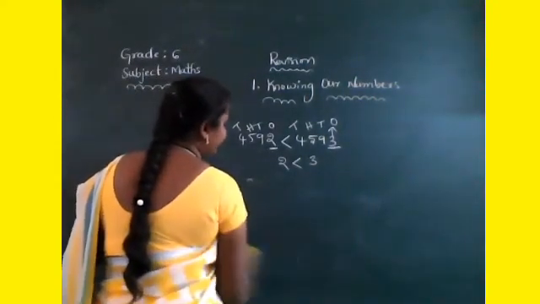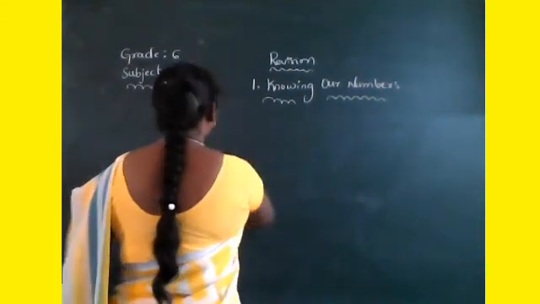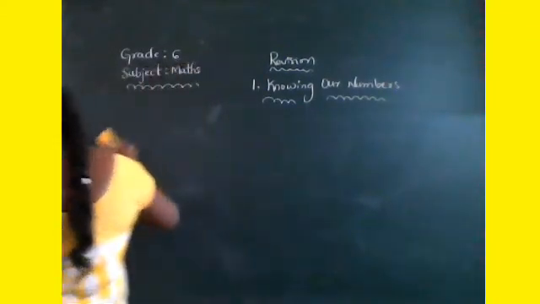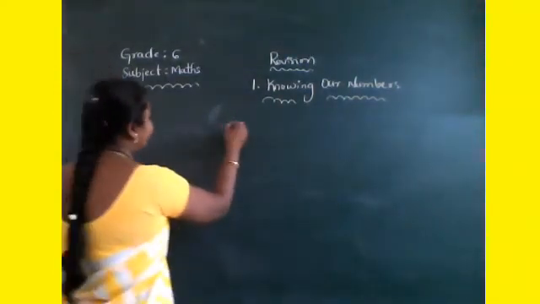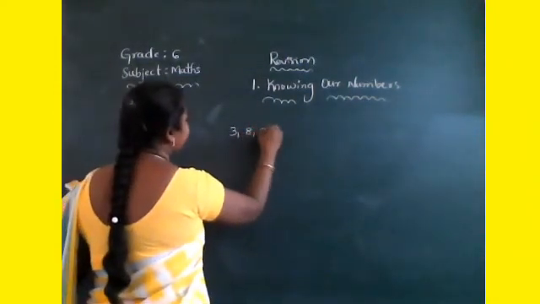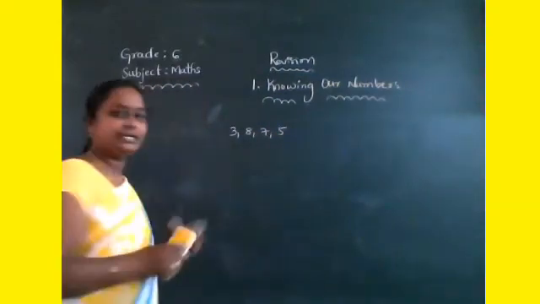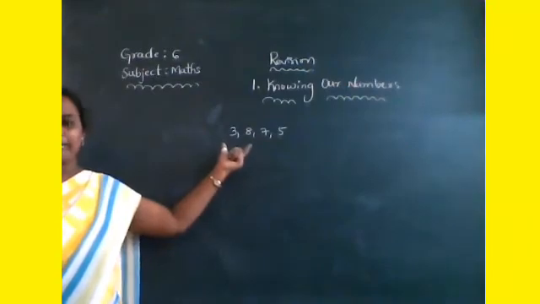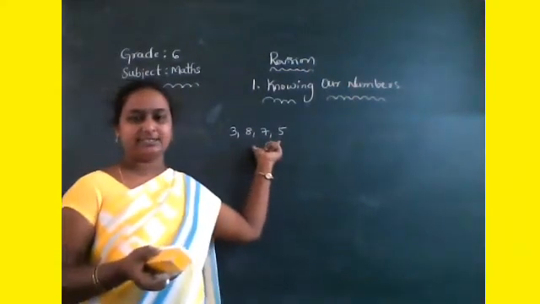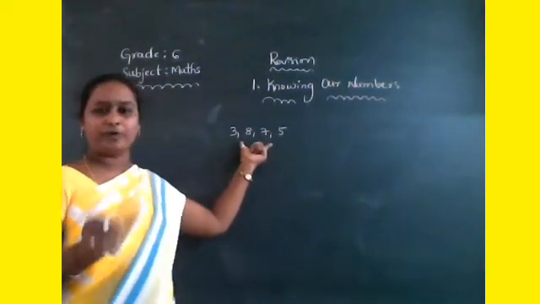Okay, and next one is, how many numbers can you make using these digits? Now I am giving here 3, 8, 7, 5. How many numbers can you make using these digits? Here I have given 4 digits.